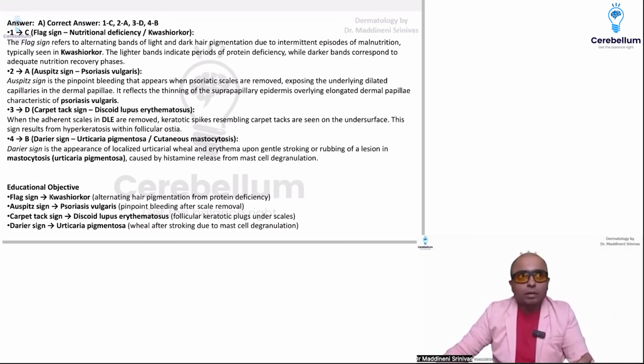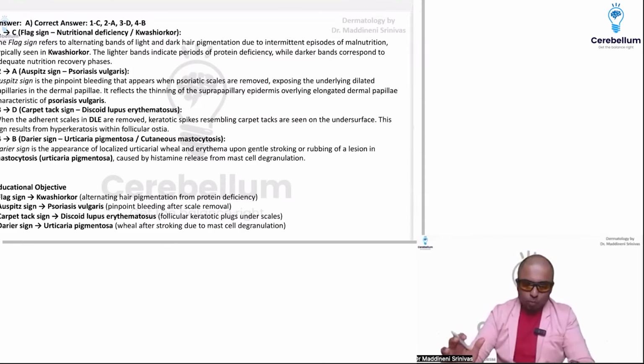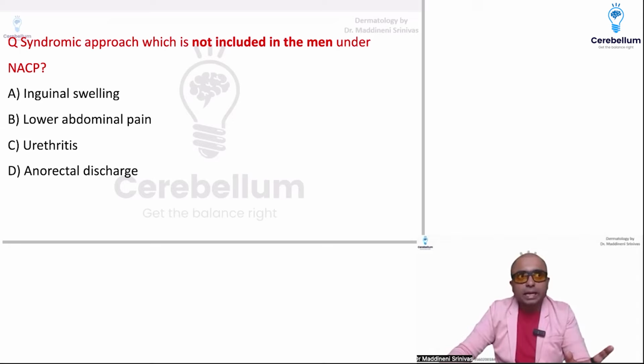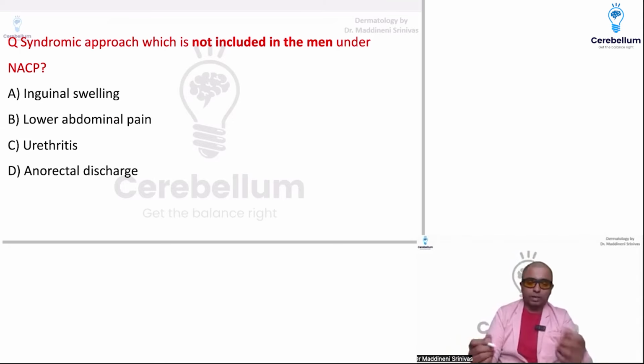Okay, the options are not matched correctly. So if the mistake is on the INI side, they are going to give a bonus if no option is perfectly matching. Okay, so we'll go to the next. If there is any bigger concern or error in the answer. Okay, thank you so much Vaibhav Jain. I can understand. So in that case, everyone has to get a bonus. There is no other way, right?